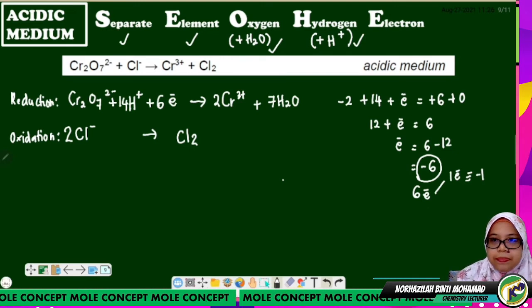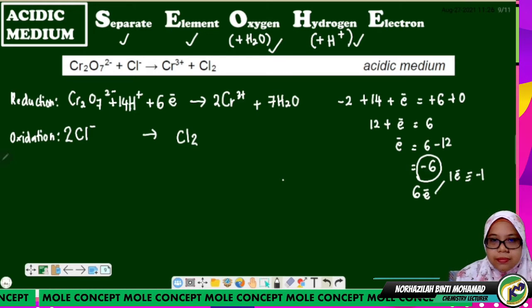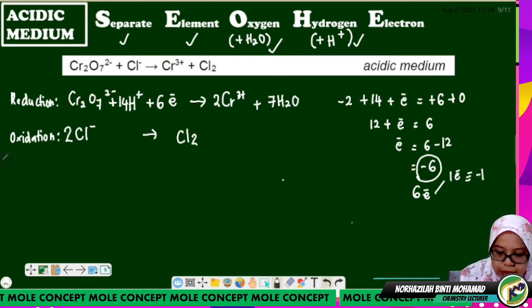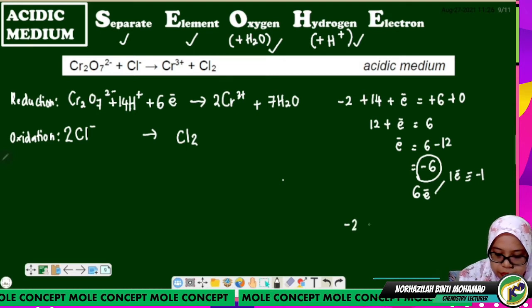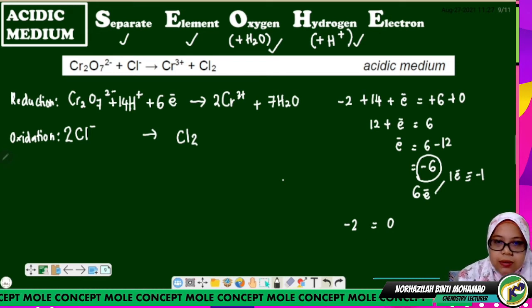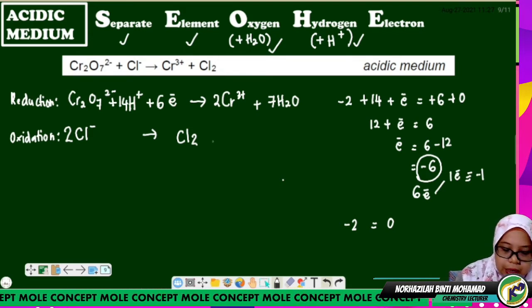Okay, and then for chlorine, I have negative 2 equals to 0. Since the chlorine has undergone oxidation, it has lost electrons, which means the electrons are on the right side.